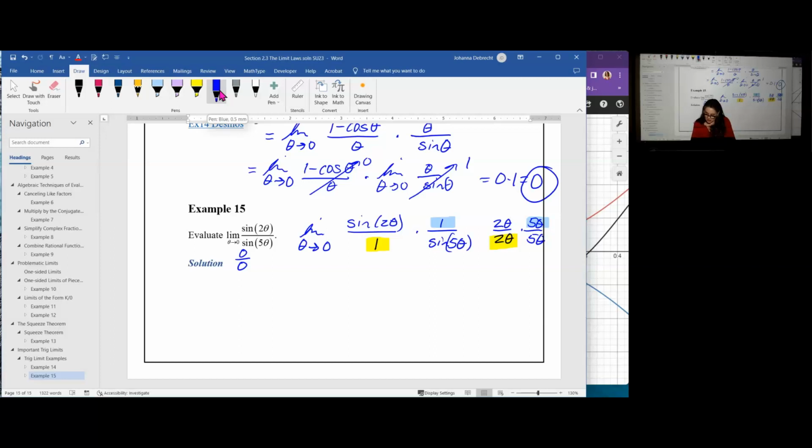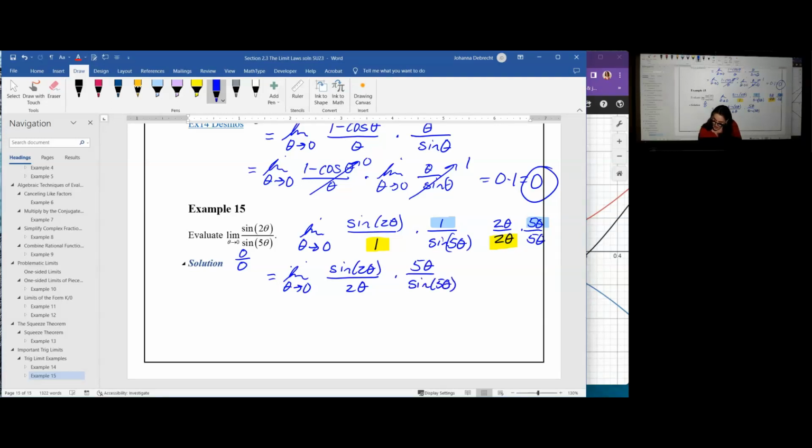Okay, let's see. What did you get? So the next step that we need to do is to rewrite it. So we have the limit as theta goes to 0 of sine of 2 theta over 2 theta times 5 theta over sine of 5 theta.